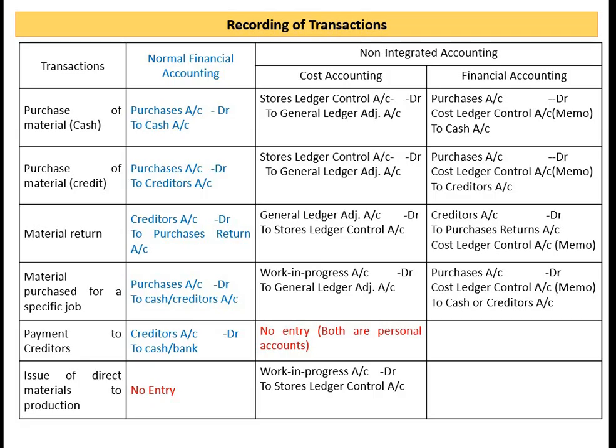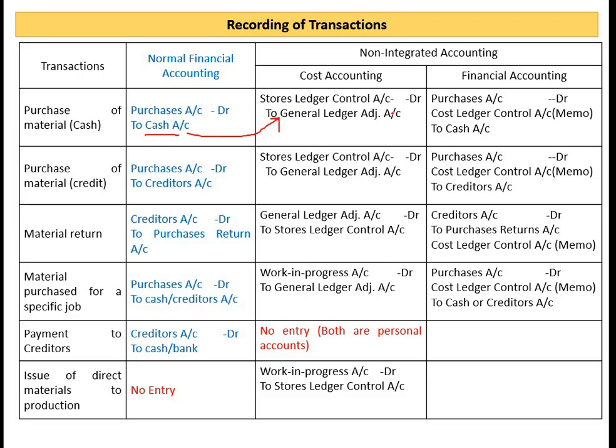We know that there is no real cash account prepared under cost accounting in non-integrated accounting system, and it will be replaced by general ledger adjustment account. Store ledger control account will be debited because whatever material we purchase will first be shifted to stores.